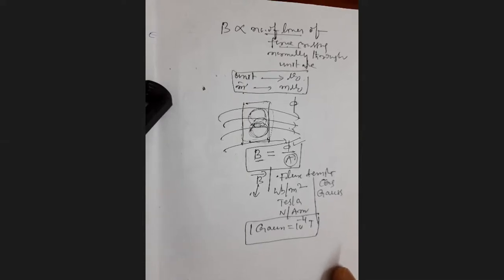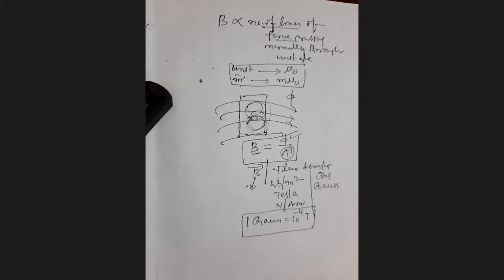Magnetic flux density is a vector quantity. Its direction is perpendicular to the unit area through which the lines of force are passing. The direction of lines of force is perpendicular to that area. Okay. Yes, the SI units are Weber per meter square, Tesla, Newton per ampere meter. CGS unit Gauss. 1 Gauss is equal to 10 power minus 4 Tesla.